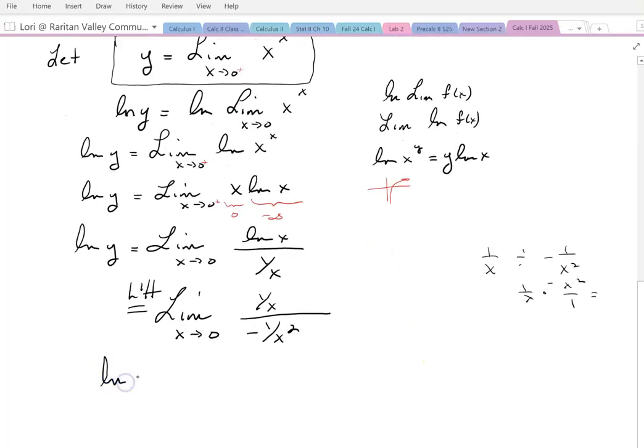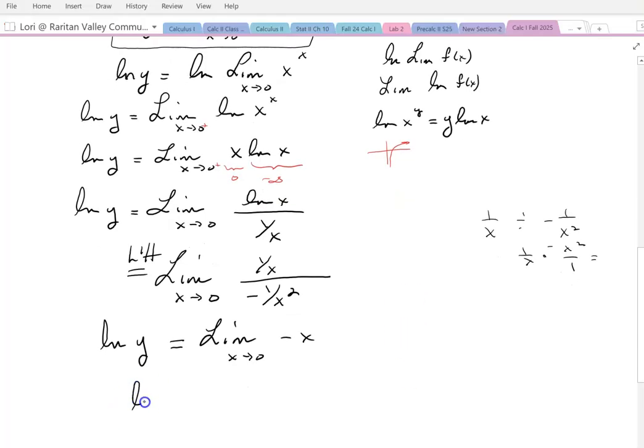So now we have natural log of y equals the limit as x goes to 0 of negative x. When you plug in 0, you get 0. So now I know the natural log of y equals 0. How do you solve for y?